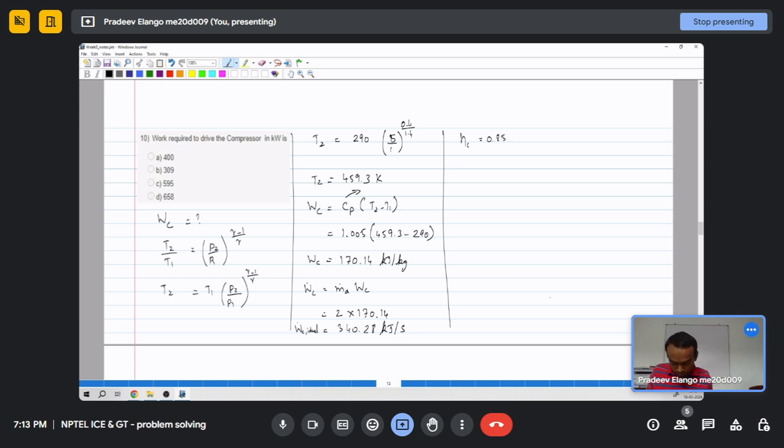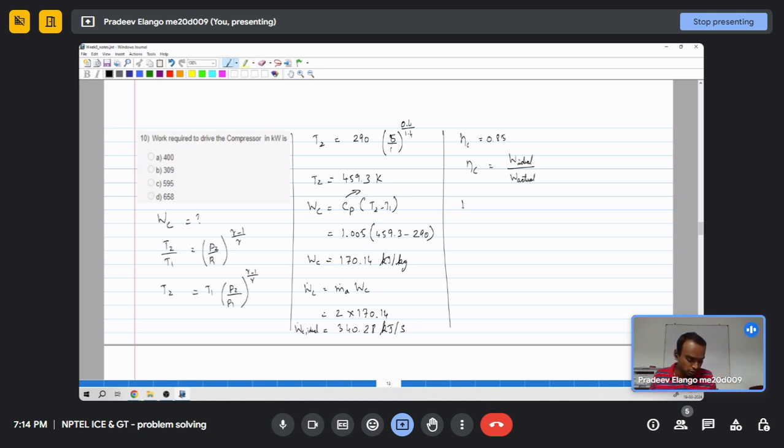Now this compressor efficiency can be written as ideal work by actual work. Why? Ideal compressor needs less work input, but actual compressor needs more work input. So efficiency is the other way.